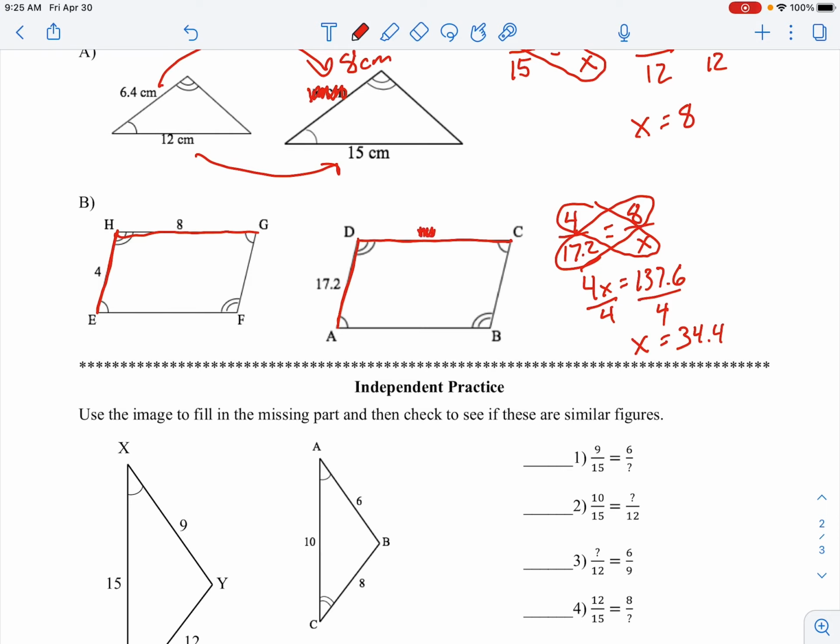So it's no longer unknown. We have figured out that this is 34.4 in length. And that's where these proportions continue to be very useful to us. We can find missing things of similar figures by using that setup of equal ratios.